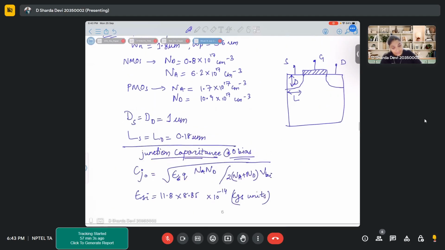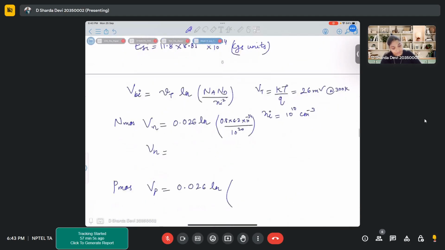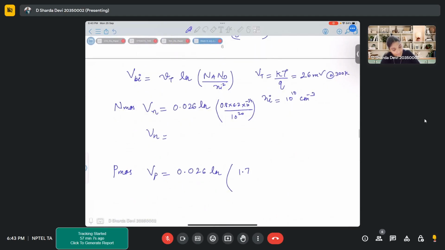Similarly, we will go for 1.7. What are the values of Vn and Vp that we are getting? For Vn, I am getting minus 3.19.